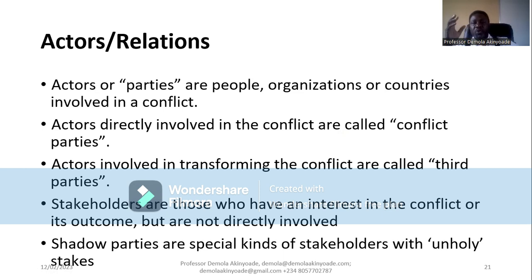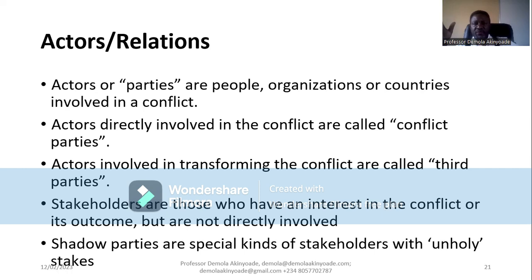That is, people, organizations, or countries that are involved in the conflict. In the Ukrainian-Russian conflict, Russia and Ukraine are primary actors. Then we have NATO, we have some other countries as secondary actors and stakeholders. So actors directly involved with the conflict are called conflict parties.